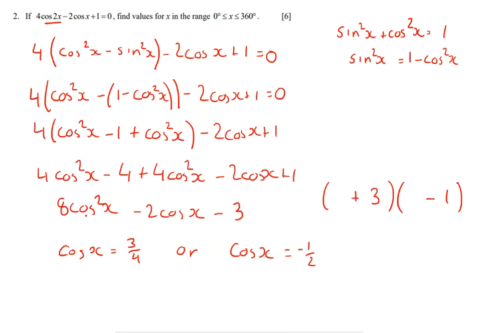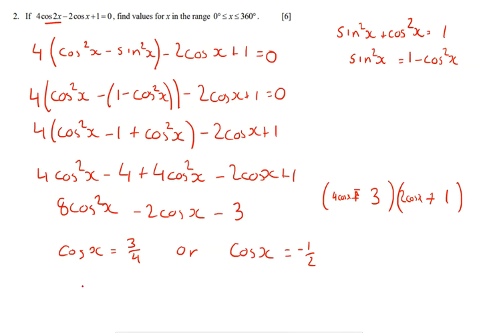You've then got to think, if I take this as being 8x, then it's going to have to be the other way around, minus 3 plus 1, and we end up with 2 cos x, and we get 4 cos x, which gets us our cos x is equal to 3/4, or cos x equals minus a half. And if you multiply that back out, you get back to that line.